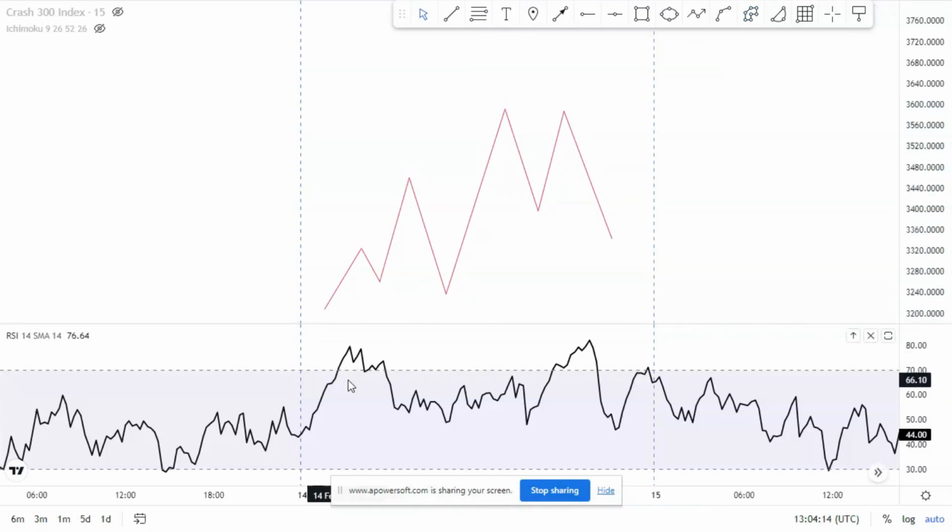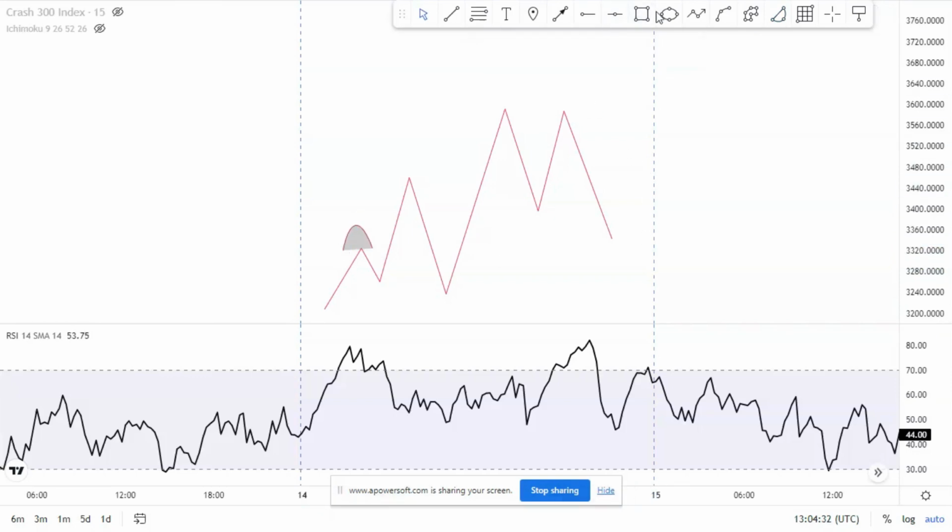You're going to find that on the RSI we can get an overbought at this level.